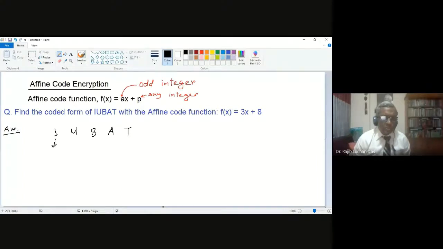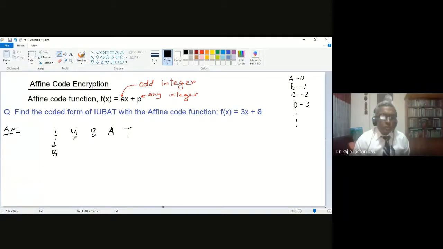And you write the numbers associated with the letters. So what is the number for I? Sir, 8. I told you already. Yes, 8. What will be the number for U? Sir, 20. I told you already, A is 0, B is 1, C is 2, D is 3, and like that.